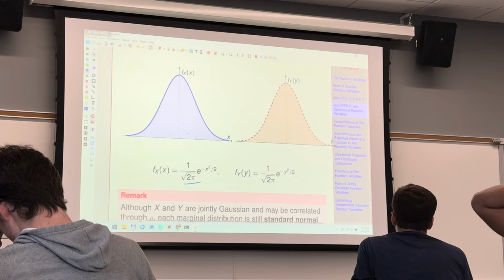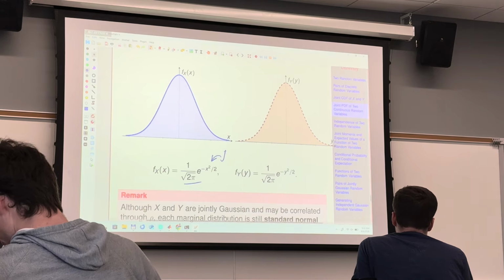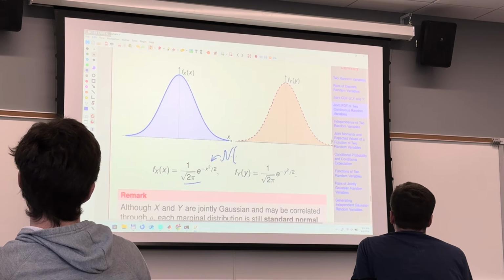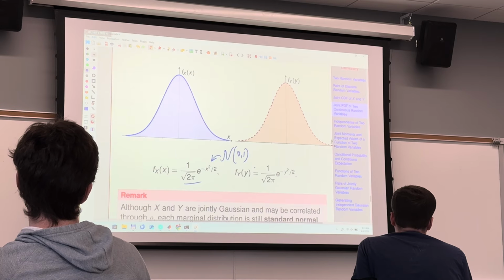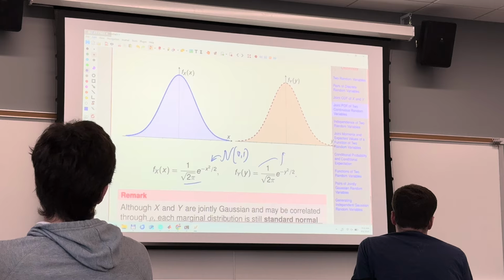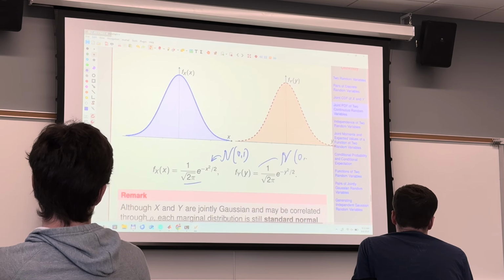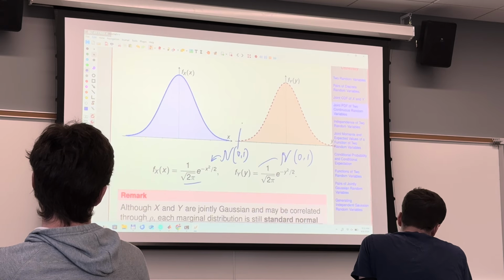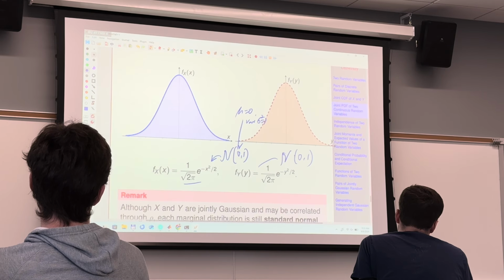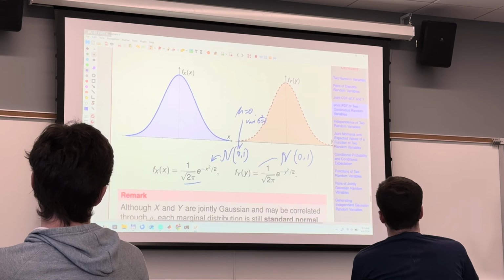So this becomes standard normal variable with parameter 0 and 1. So mu equals 0, variance sigma squared equals 1. And these are basically special case.